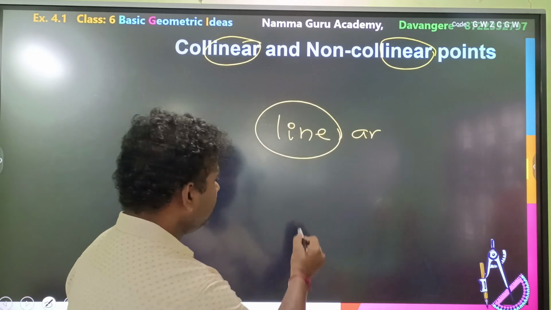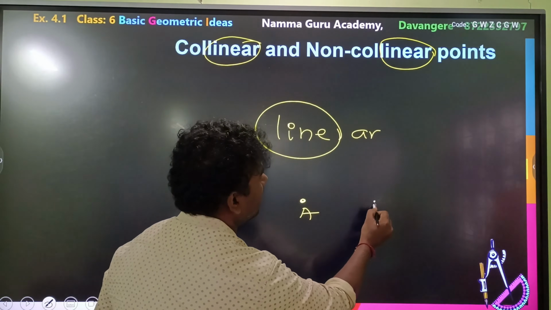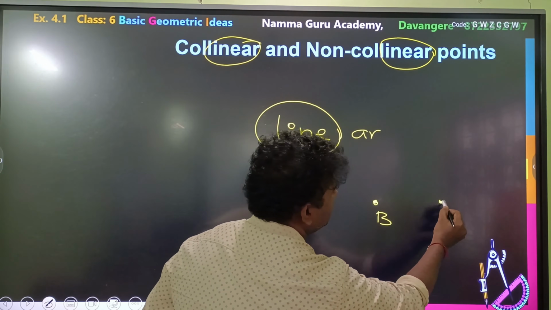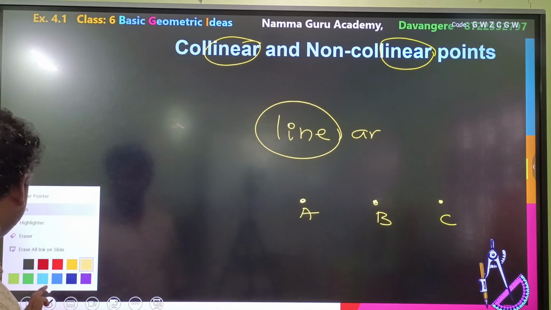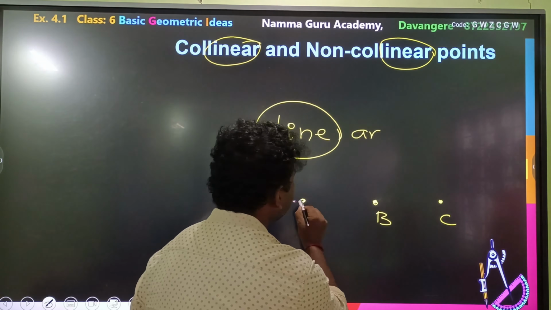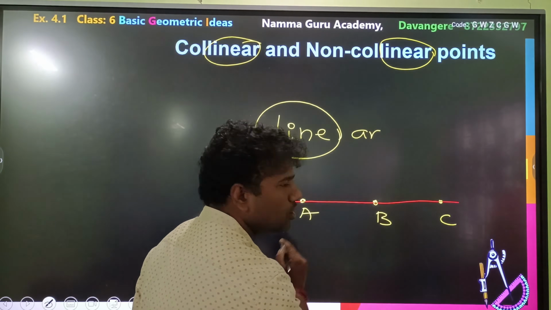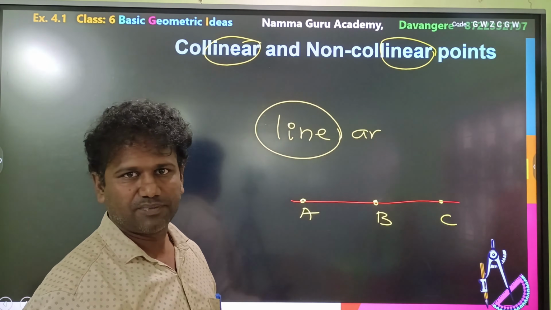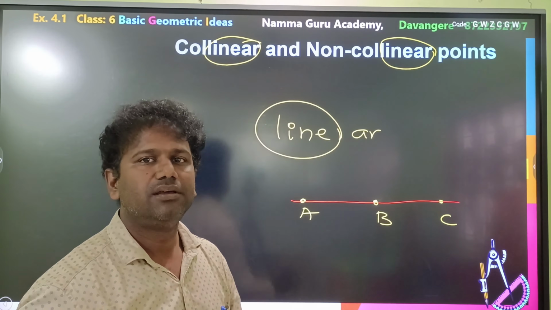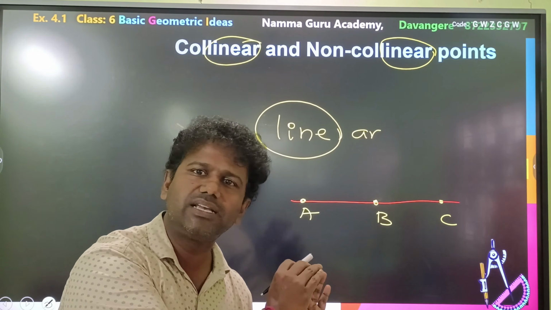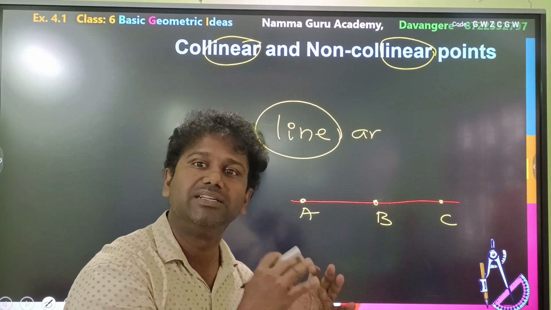Collinear means the points, if A and B and C, these three are the points, if they lie on the same line, these are called collinear points. Have you understood? Collinear means the points which lie on the same line.